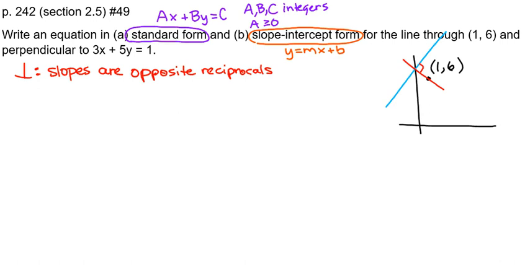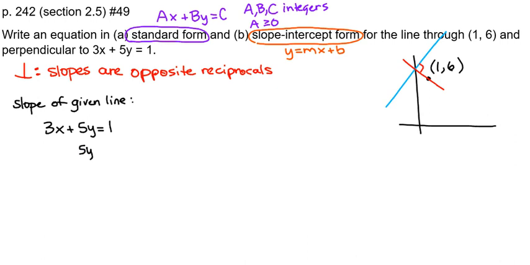So in order to write the equation of our line, we need to find the slope of the given line. So here's our given line, 3x plus 5y equals 1. Let's find its slope by changing the equation to slope-intercept form.